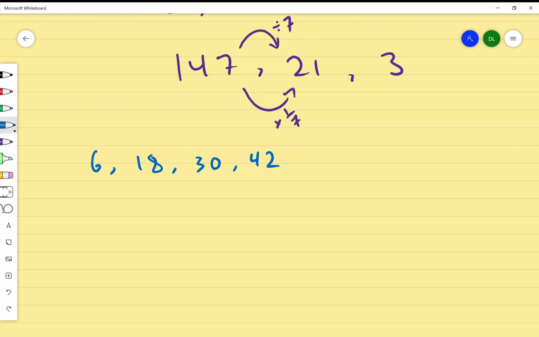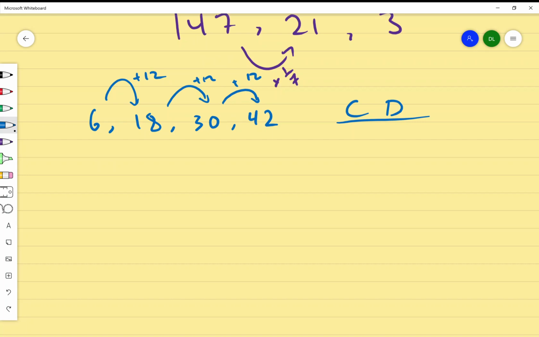But then we test to see if we can get to the third one. You're saying plus 12. Does that work for these 2 terms? Good. If we do 18 plus 12, does it give us 30? If I go 30 plus 12, does it also give me 42? Sweet. So that's a common difference. I'm just going to write CD for now. A common difference of 12. Are we okay with that?